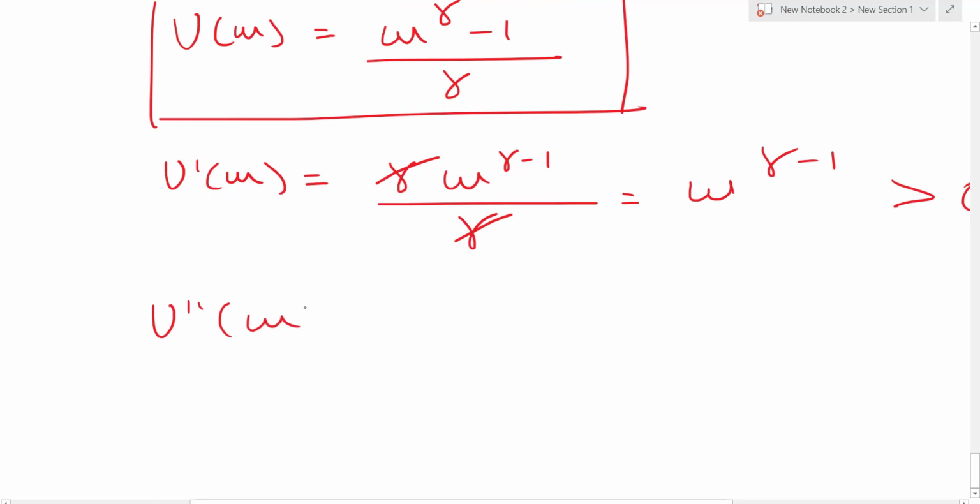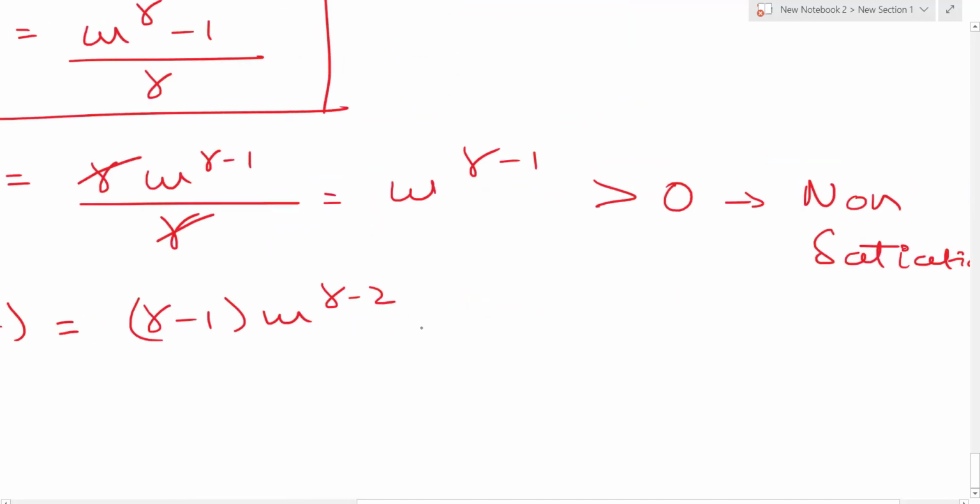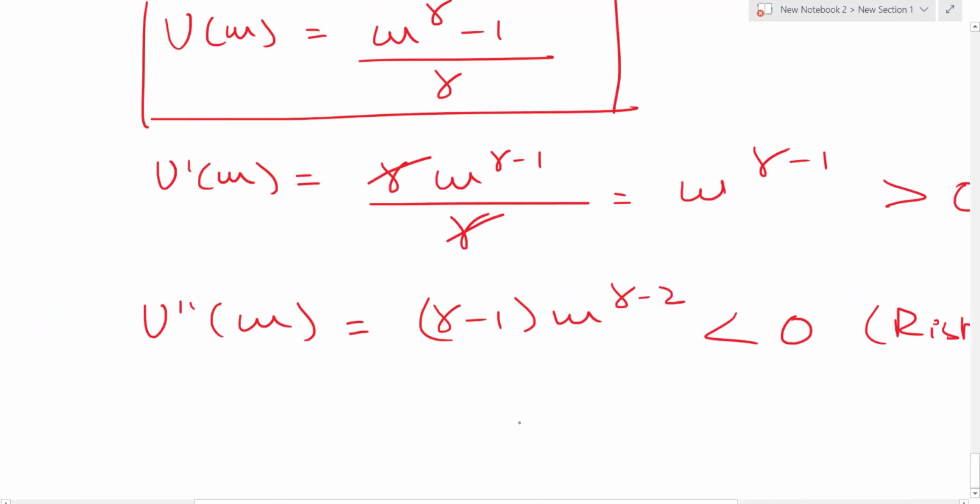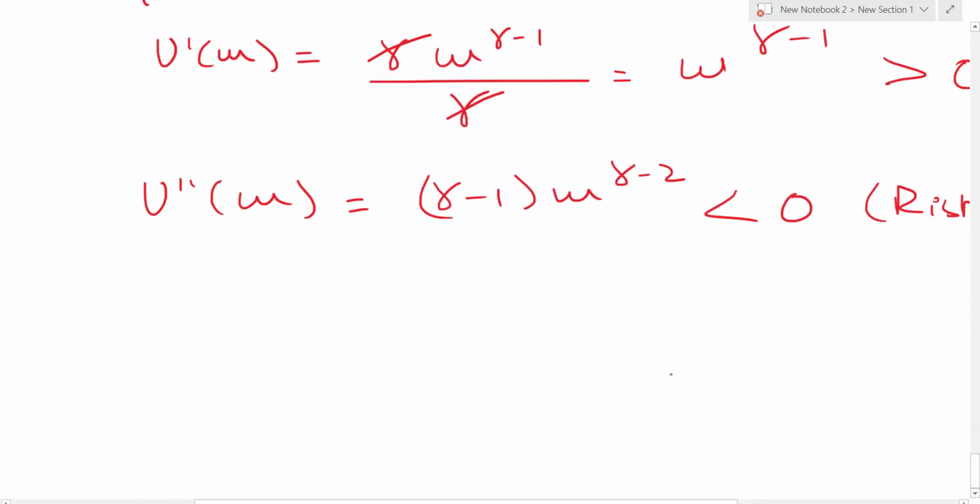Now you take the second derivative, it just becomes (gamma minus 1) W to the power of gamma minus 2. Now I want this to be negative for a risk averse investor. So for this to happen, what would be the consideration?